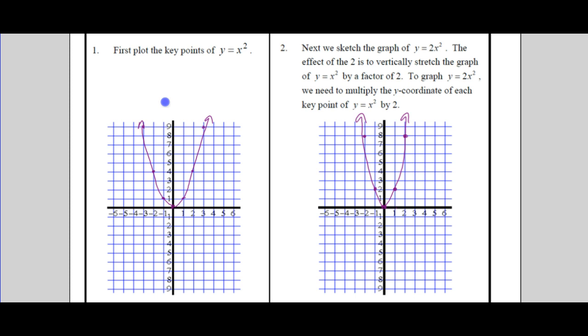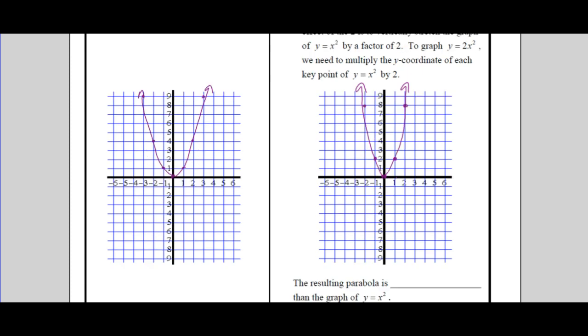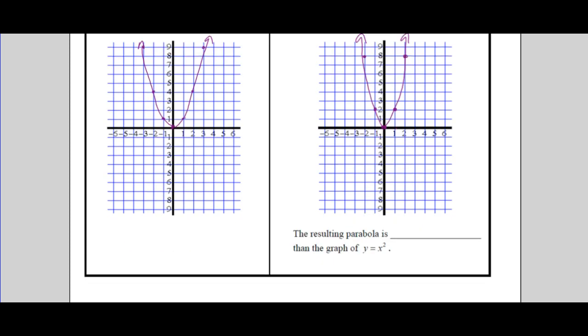Okay, so far so good? So the resulting parabola is what? Narrower. You won't use those words in 30, but that's okay. Here we can use those words: narrower and wider.